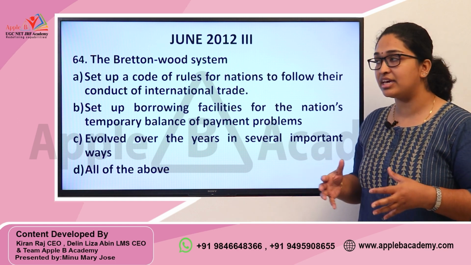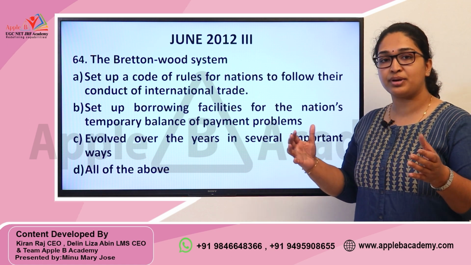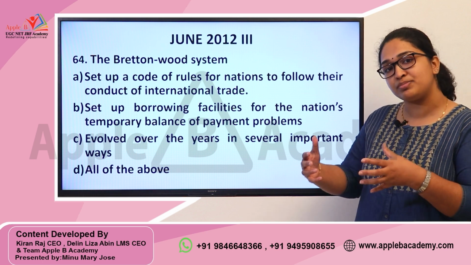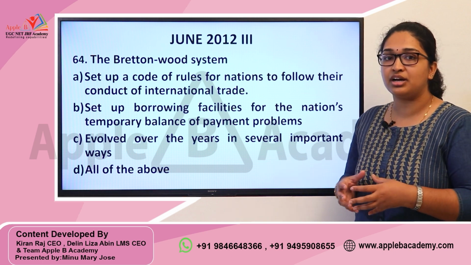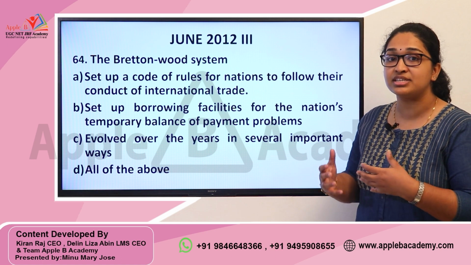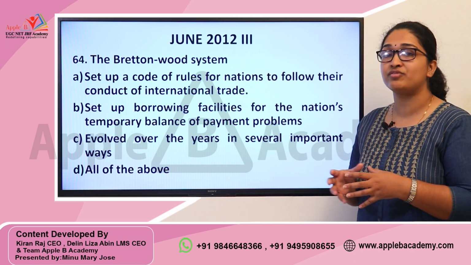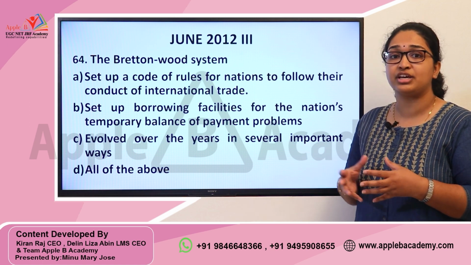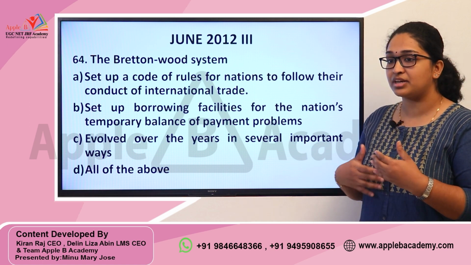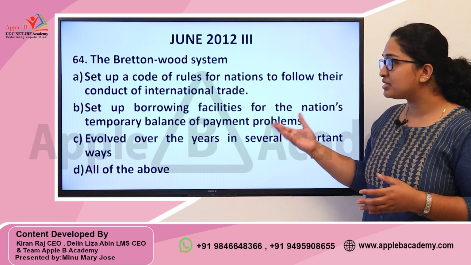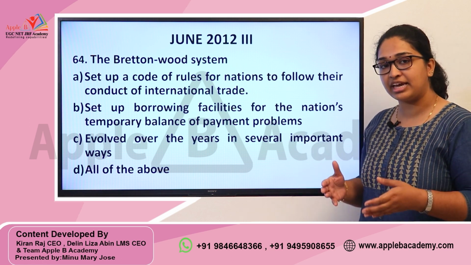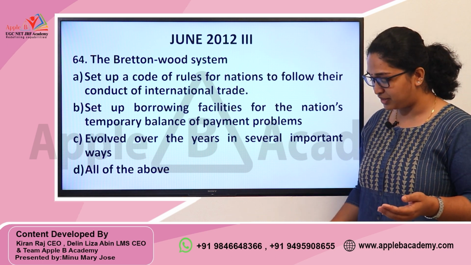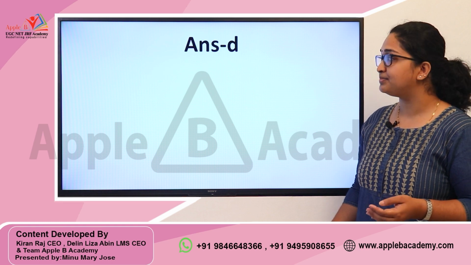The Bretton Woods agreement was a very coordinated exchange rate system in which different nations agreed to follow a specific set of international trade policies, and it also introduced certain borrowing facilities for economies around the world for conducting their international trade. So this is a very direct question, based directly on our discussion in the previous videos. The answer is option D.